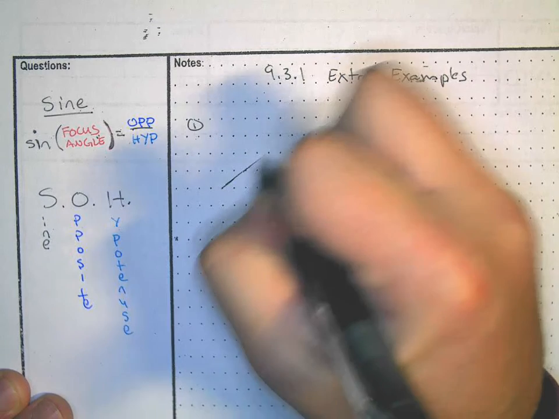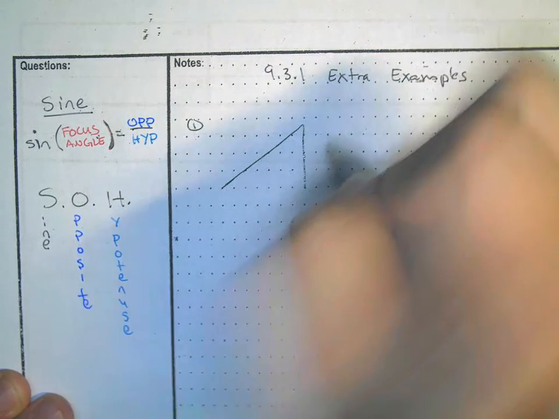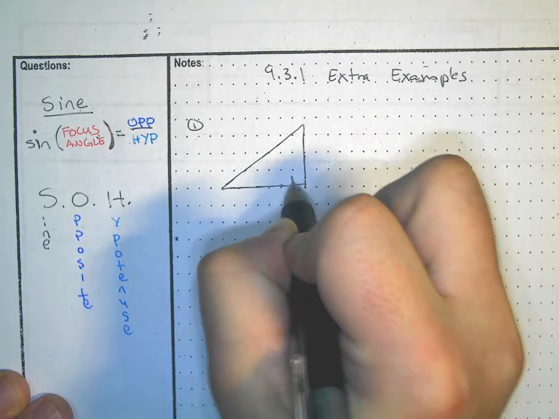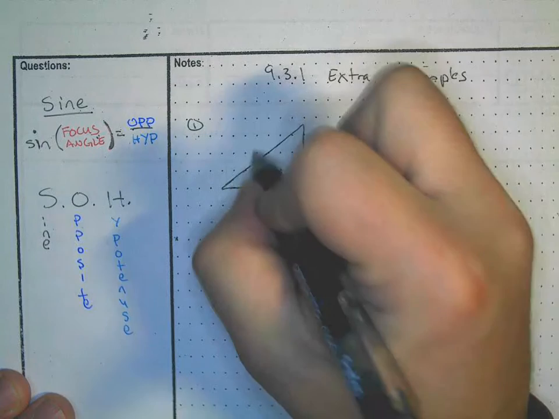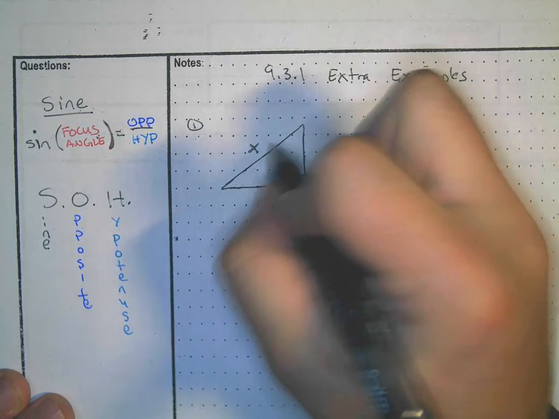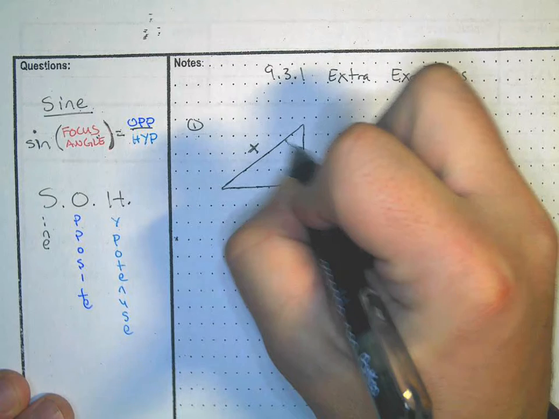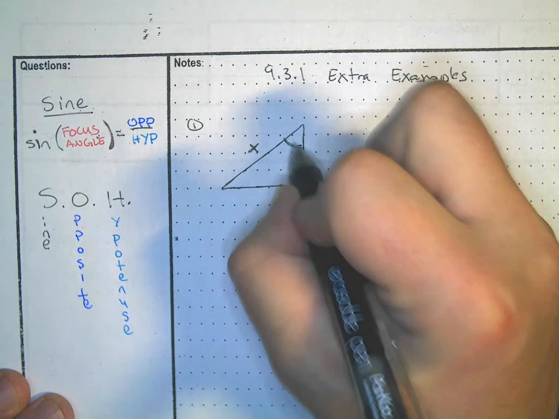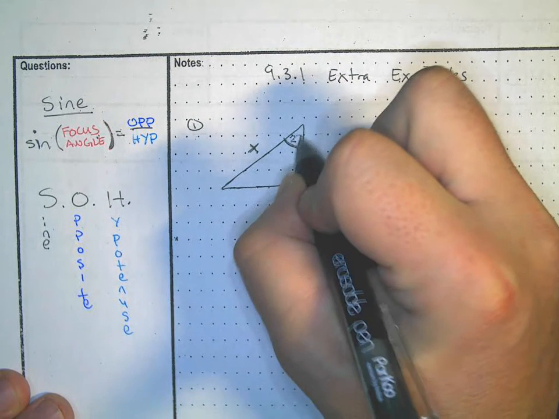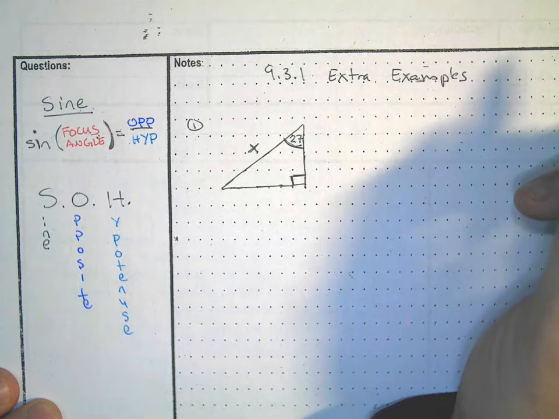So let's say I'm given a triangle, like so. Told this is my right angle. This is x. This is my focus angle. I'm going to call it 27 degrees.